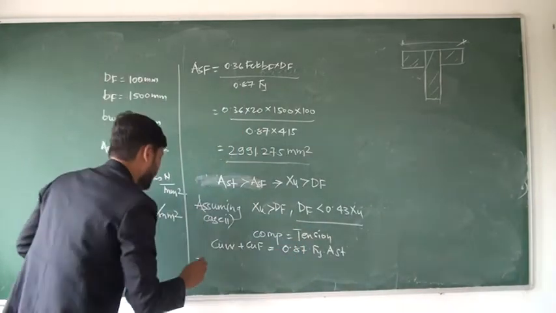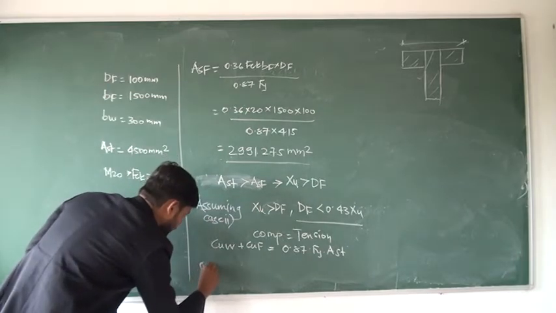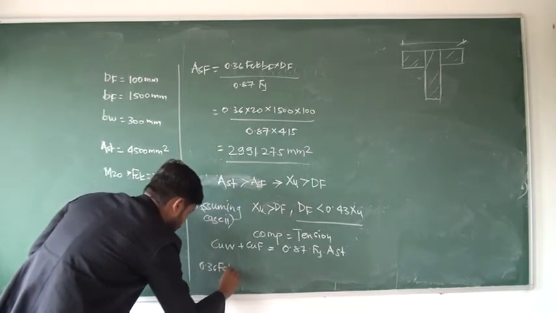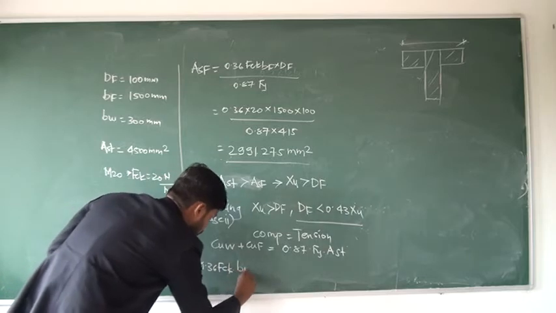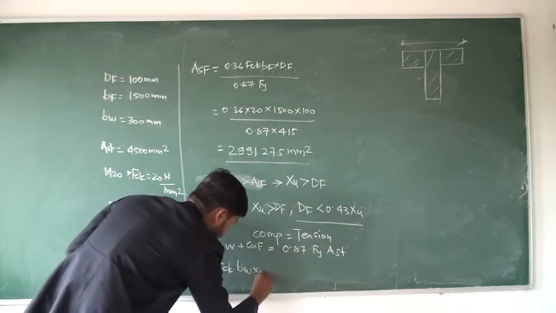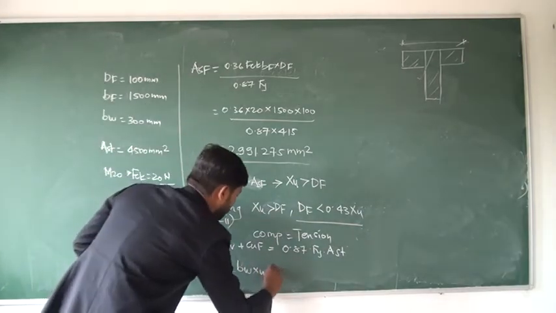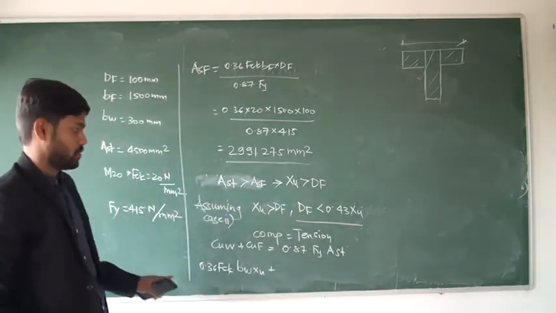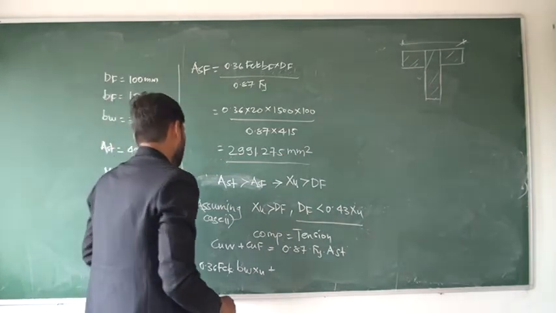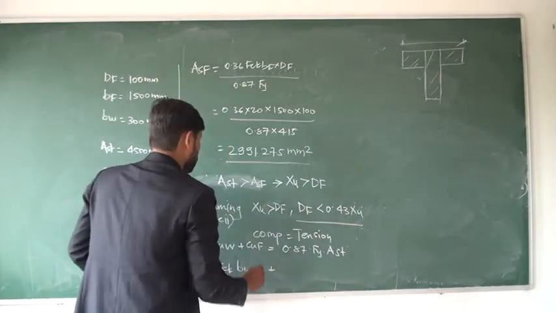Okay, so CUW we calculate as 0.36 FCK BW into XU. But CUF you have derived in the previous lecture. Now what is CUF?